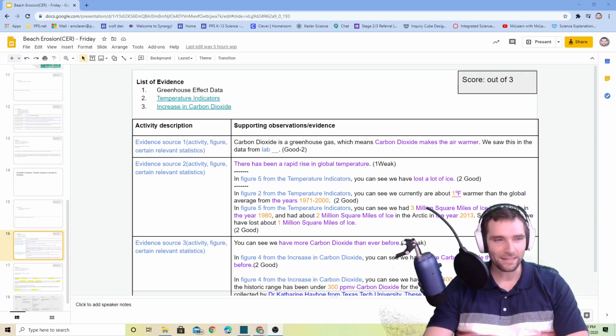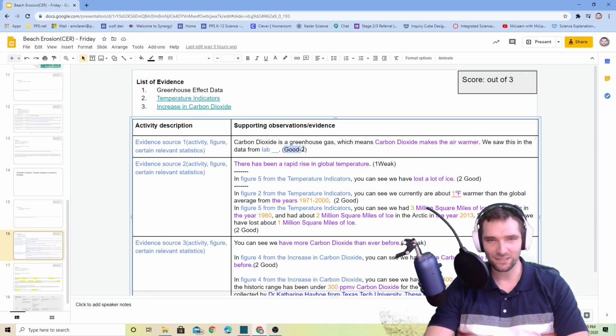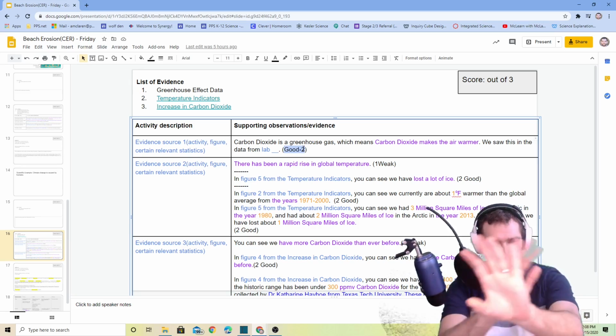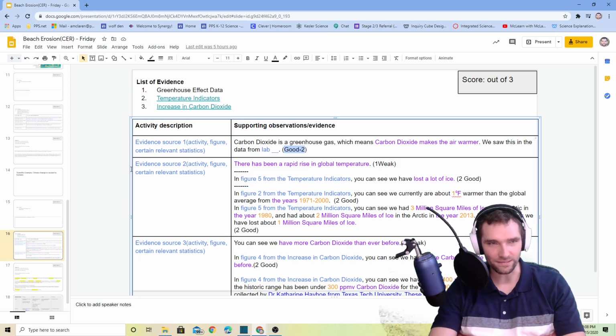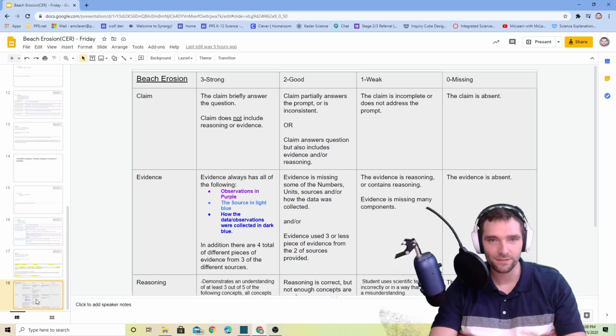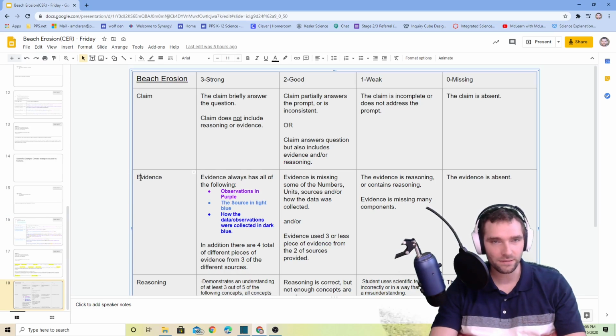Reasoning. Okay, I'm adding this after the fact because I realized I totally messed up. When I was talking earlier, I was talking about claims when this is totally evidence. So this right here is evidence. If we look at evidence on our rubric, if it contains reasoning, that's really bad evidence.